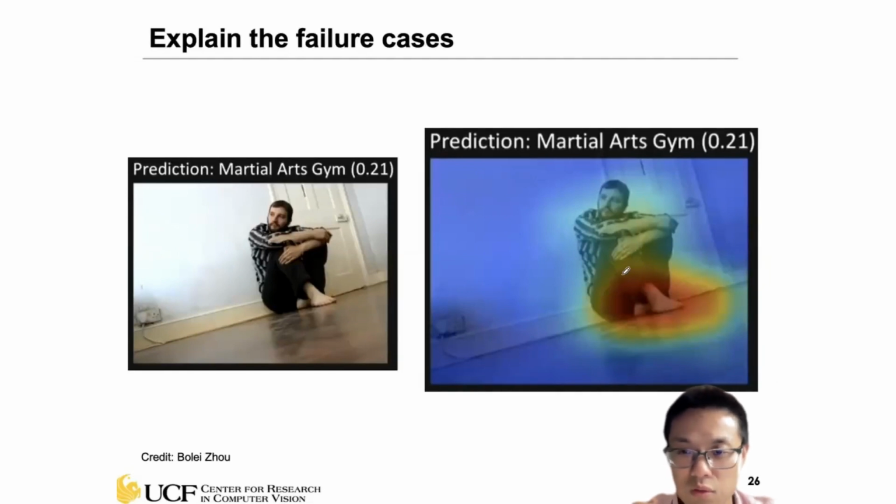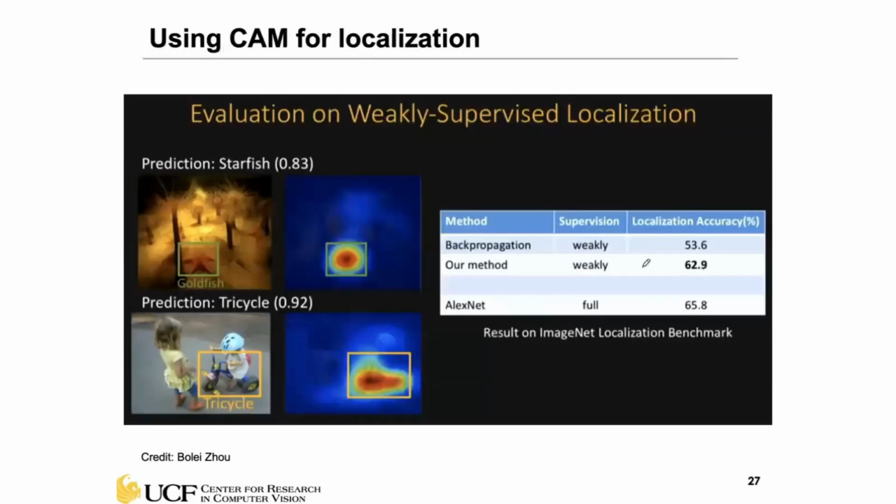Maybe focus on other things to make an accurate prediction. So this could also help us get some insight into what aspect we can try to improve the robustness or the performance of the model. Okay.